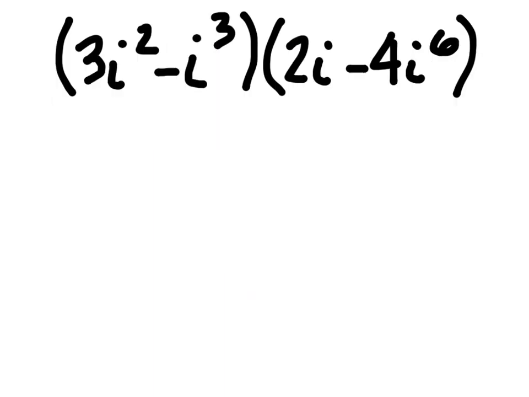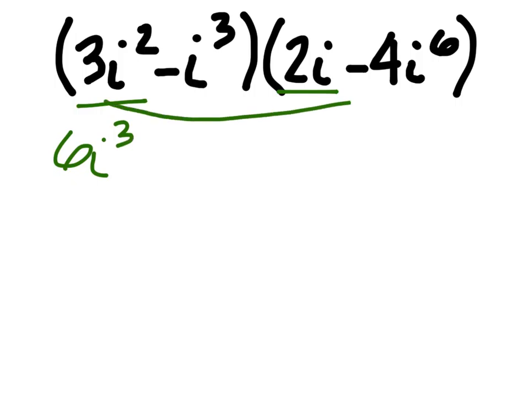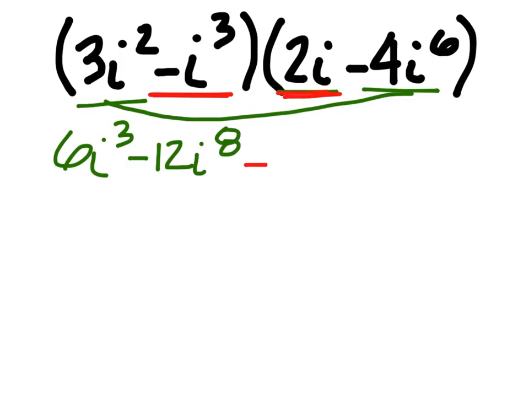Alright, here's example 3. 3i squared times 2i is 6i to the 3rd. And then we'll multiply the rest out to get minus 12i to the 8th. And then go back to here and do negative i to the 3rd times 2i, which is minus 2i to the 4th.